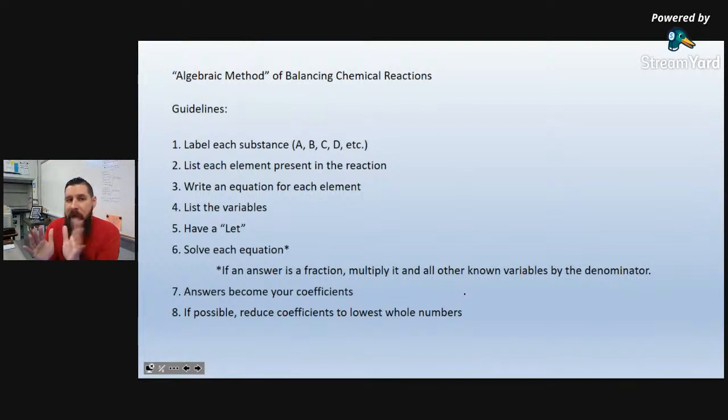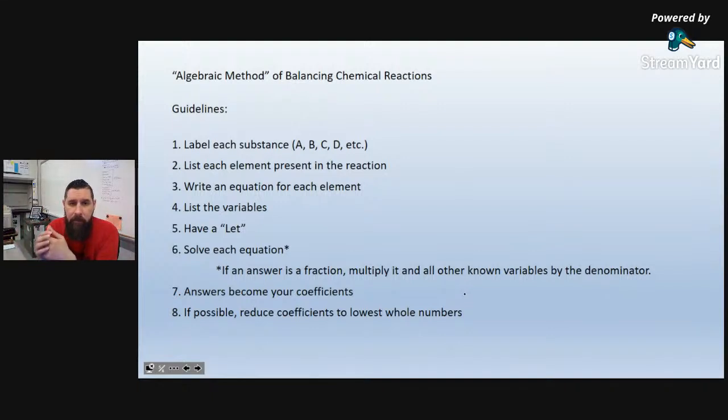Then step 5, this is the big one. We have what's called a let. We let any variable equal any number you want. I typically use A equals 2, just because A tends to only be in 1, maybe 2 compounds, and 2 is easy to work with, easy to multiply, easy to divide with.